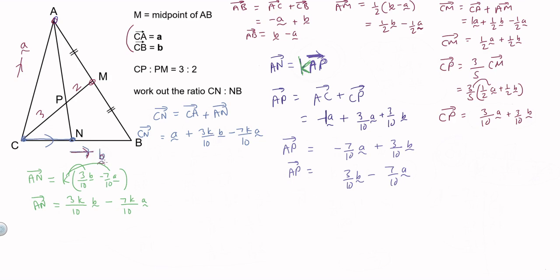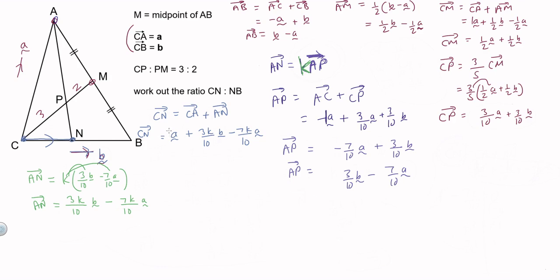It's only got a b component. There's no mention of a components. The a does not even exist. Not even a single part of a exists in it. So it should be the same for CN because it's in the same direction. From CN, there should not be any a components.